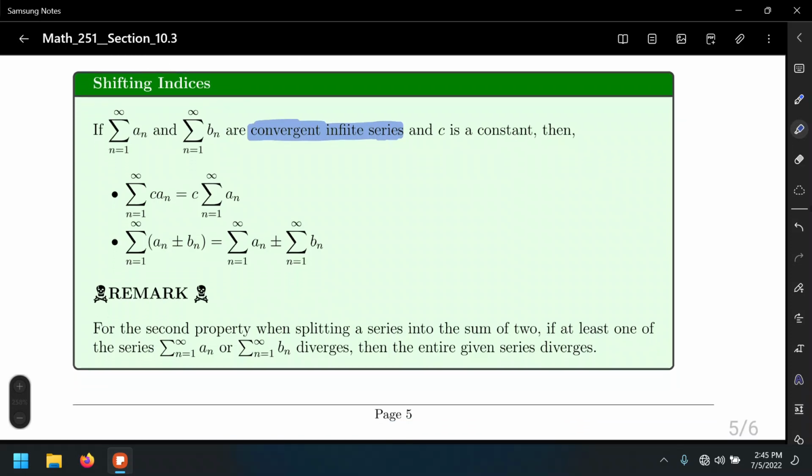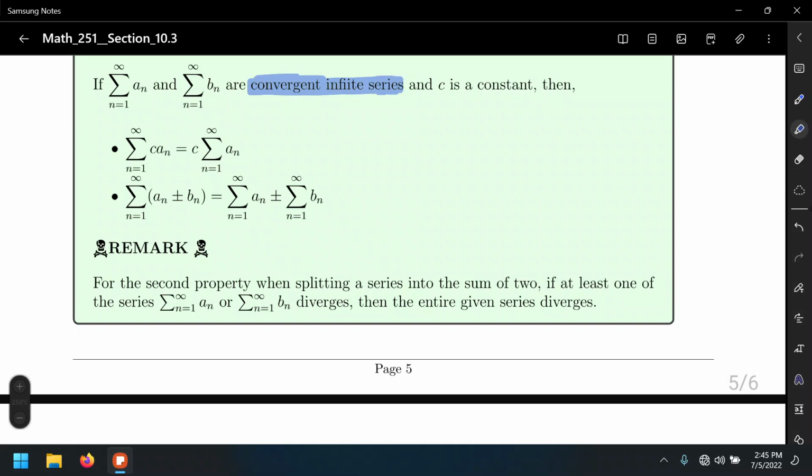Here is a remark. We will be asked, for example, to investigate whether it's possible to find the infinite sum. If we split a given series into more than one term, we need to make sure that both series converge, because if at least one of the series diverges, the whole series diverges.